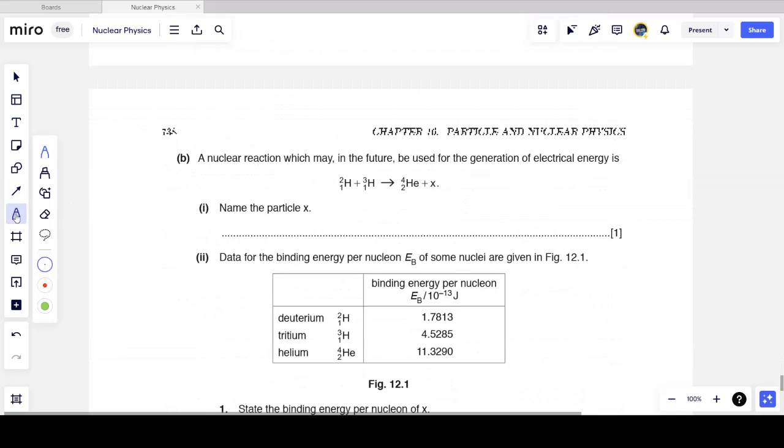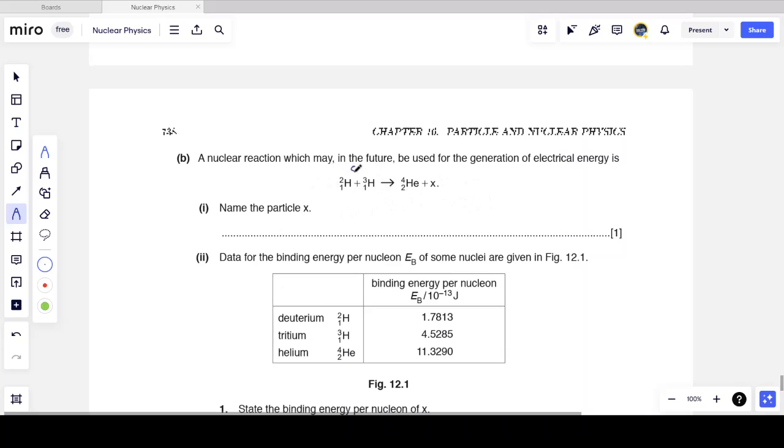Now the next question says a nuclear reaction, which may in the future be used for the generation of electrical energy, is given here. This is nuclear fusion. So deuterium and tritium are fusing to form helium-4 and something else, and we want to know what this particle X is. Well, if I immediately look, the atomic numbers are fine, but the mass numbers are not.